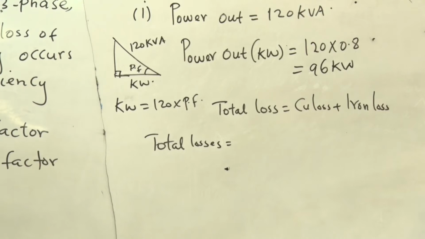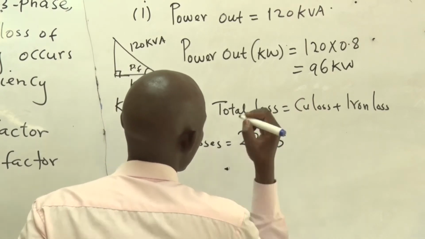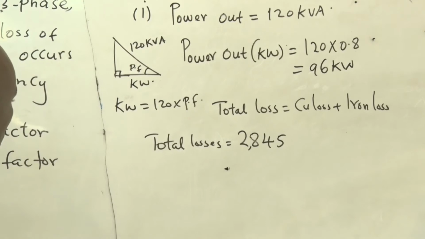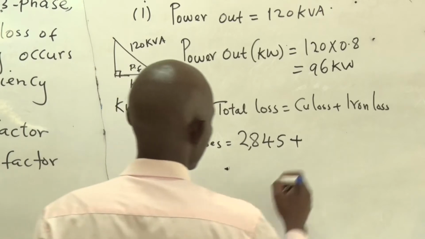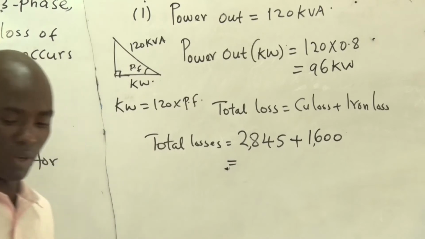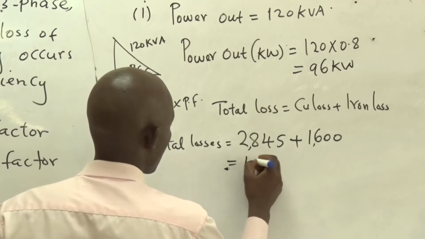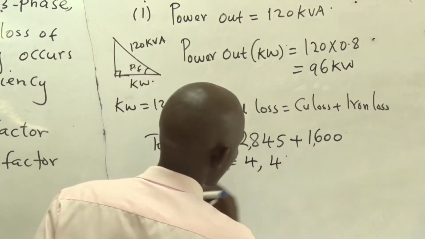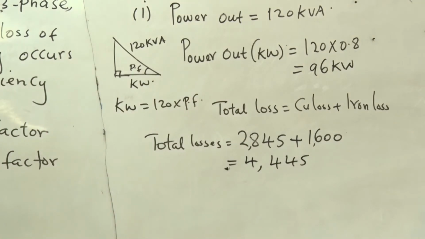Remember, we are looking at full load. The full load copper loss is 2845. You sum the iron losses. The iron losses were 1,600. Once you sum up the two, you should be able to get 4445 watts as the total losses.